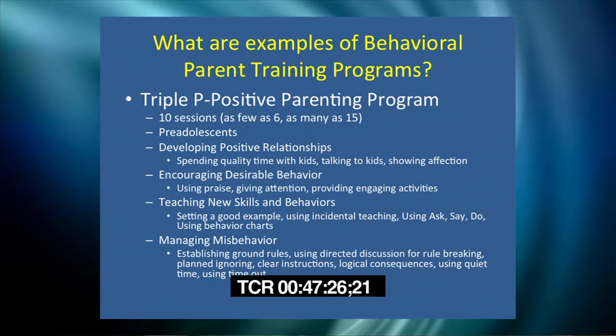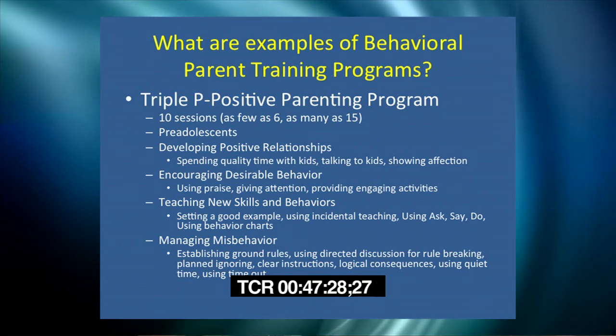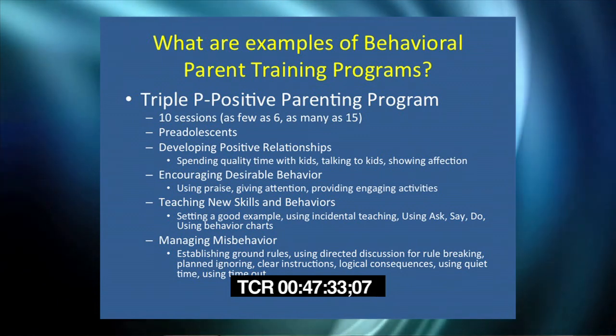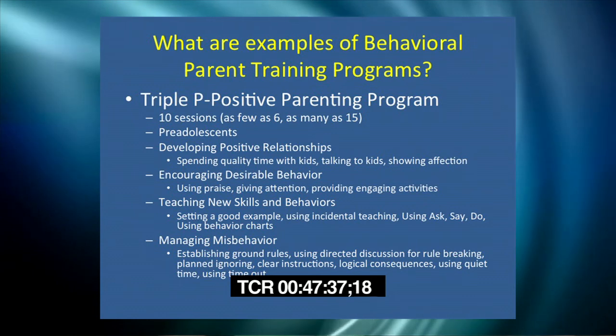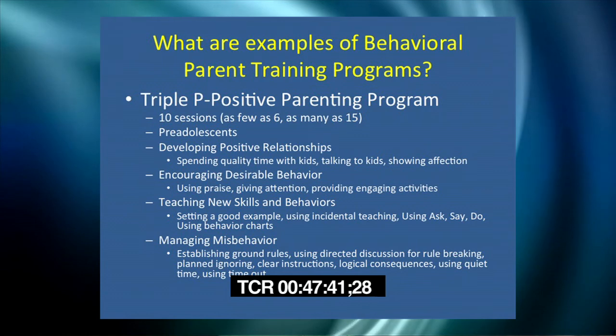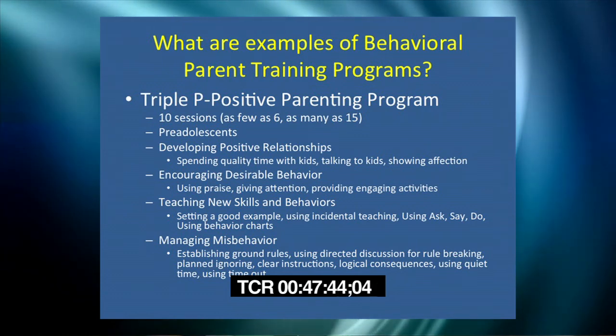Some of the components of Triple P, which is a behavioral parent training program, is it's on average 10 sessions. Depending on the expediency in which parents learn and implement skills, it can be as few as 6, as many as 15 sessions.